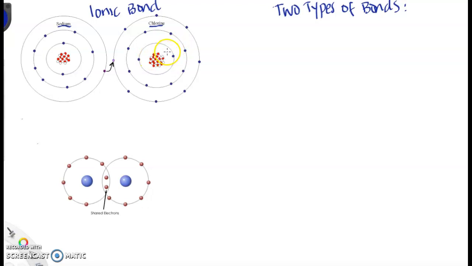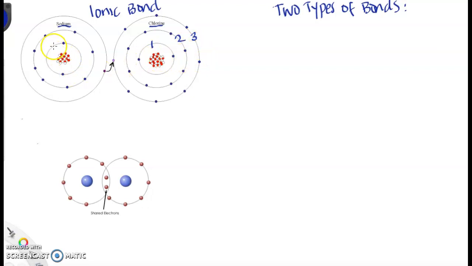There can only be a certain number of electrons in these shells. In the first shell, there are 2 electrons. In the second shell, there are 8 electrons. In the third shell, there can still only be 8 electrons.